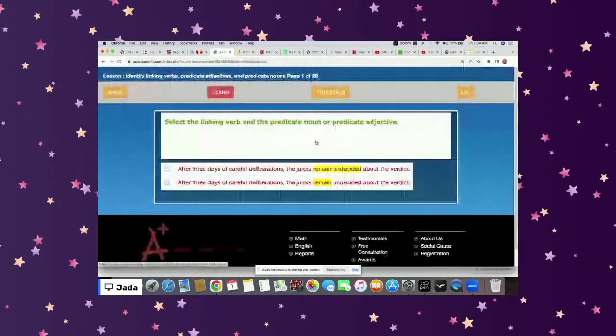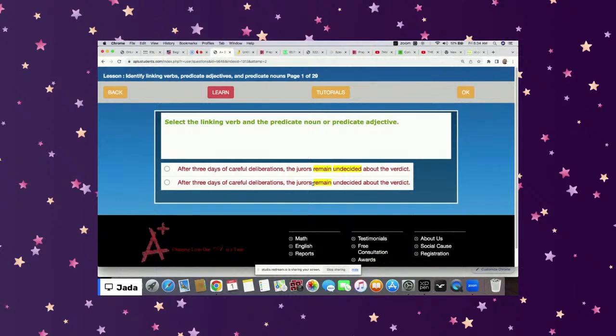So let's go. You can send your answers on the chat. This one says to select the linking verb and the predicate noun or predicate adjective. Okay, so what do you think?